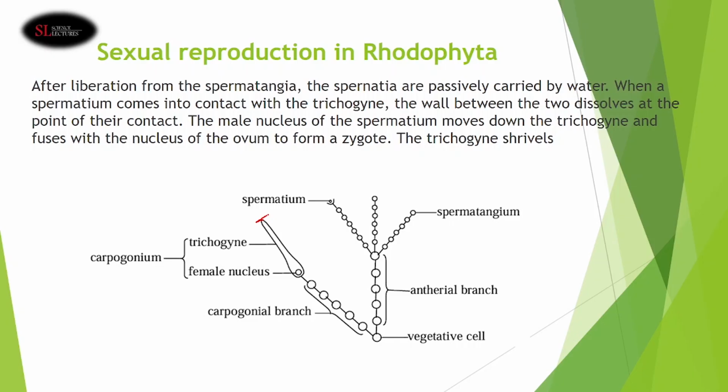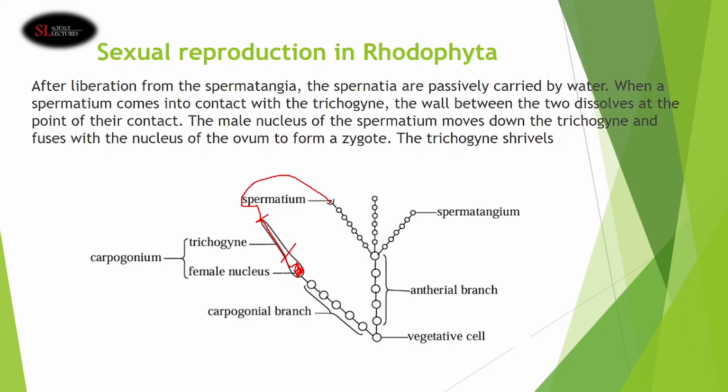The point of contact between the spermatium and the trichogyne dissolves the wall, and then the male nucleus will move down the trichogyne until it fuses with the female nucleus. After that, the trichogyne will shrivel or disappear.